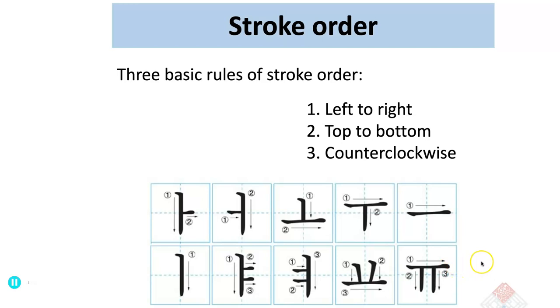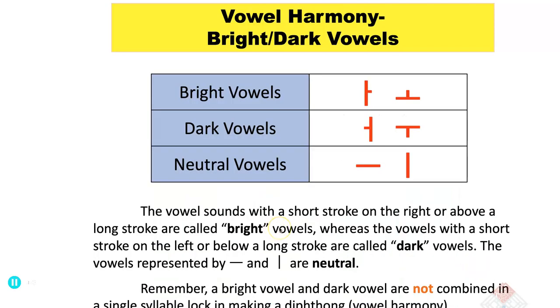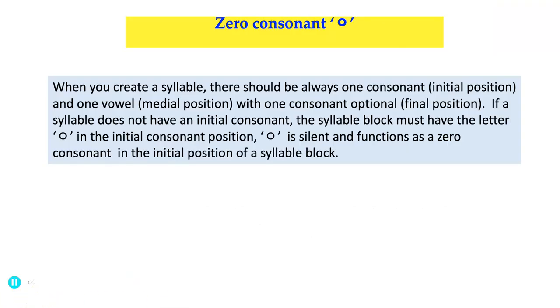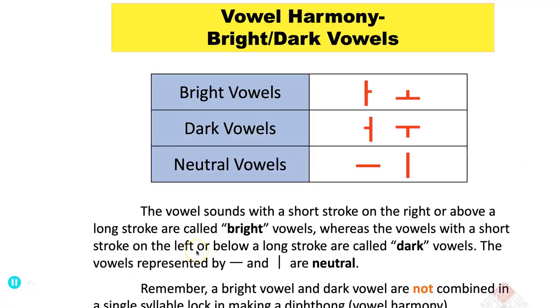review next time. Okay, and briefly I just want to talk about vowel harmony, bright vowels and dark vowels. The interesting thing about Korean vowels is the philosophy which existed at that time. The philosophy of yin and yang was also reflected in the invention of the vowel letters. The vowel sounds with a short stroke on the right or above a long stroke are called bright vowels.